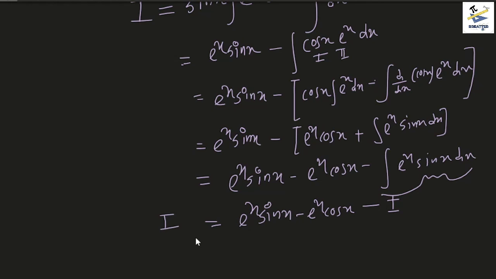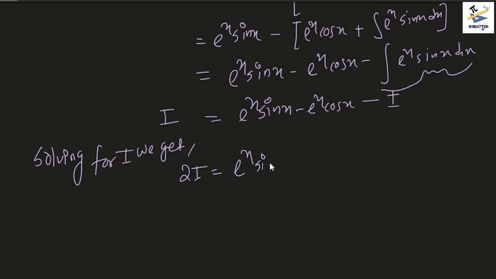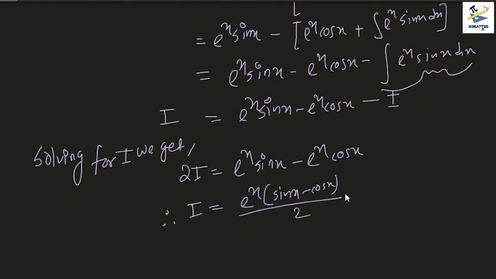So solving for I, what we get is 2I equals e to the power x sin x minus e to the power x cos x. Therefore I is equal to e to the power x, whole into (sin x minus cos x) by 2, plus c, which is the answer.